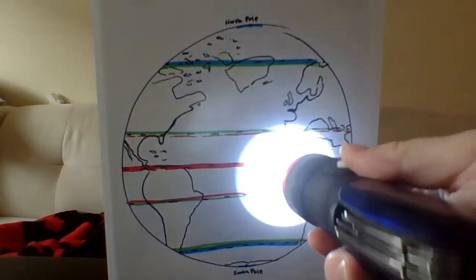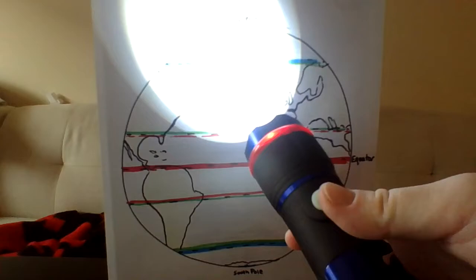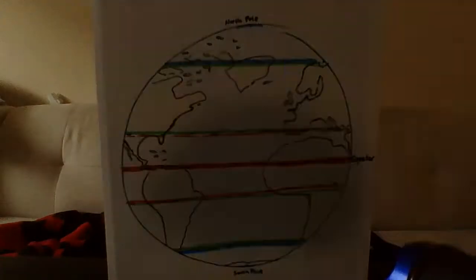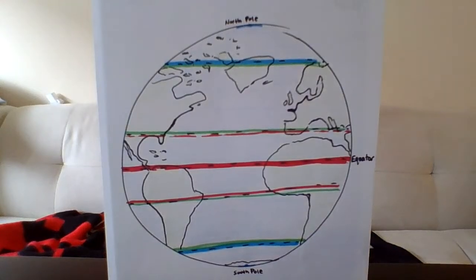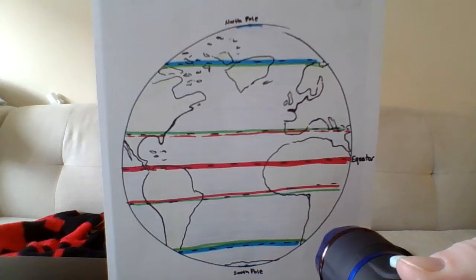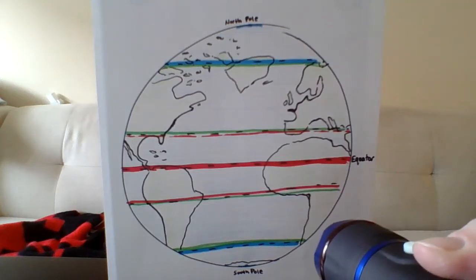I'm going to be putting it onto the earth, and you should be looking at the size of the circle and how it changes with the angle of the sun. So what's really important here is that my flashlight is going to stay the exact same distance away from the earth at all times.